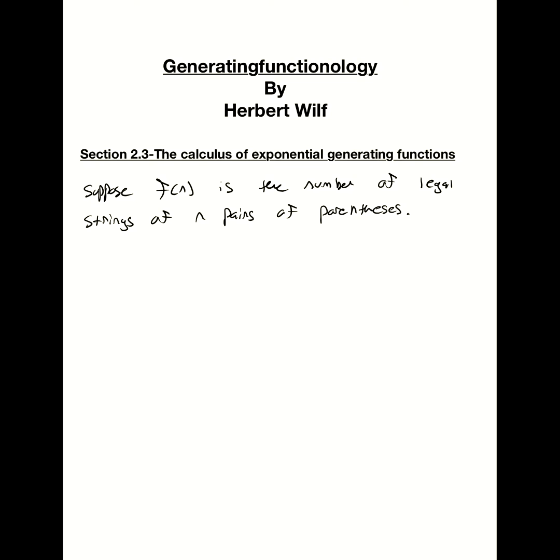And this is different than the question I just asked. The question I just asked was how many legal strings are there with a given value k. I haven't mentioned any k yet. I'm just saying let Fn be the number of legal strings of n pairs of parentheses.